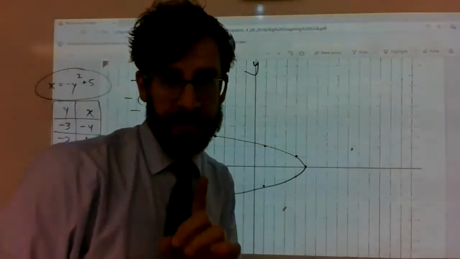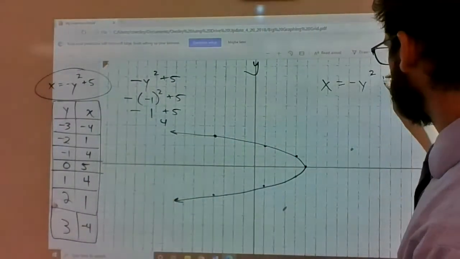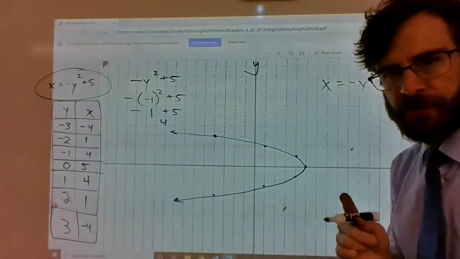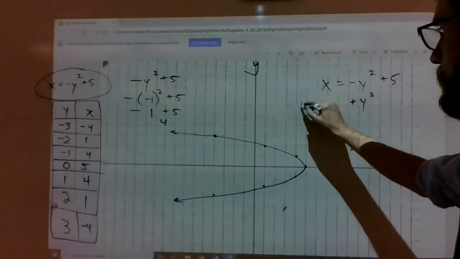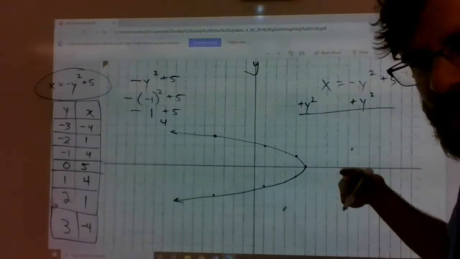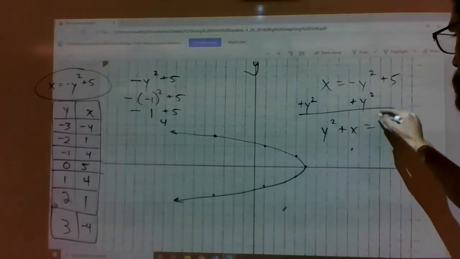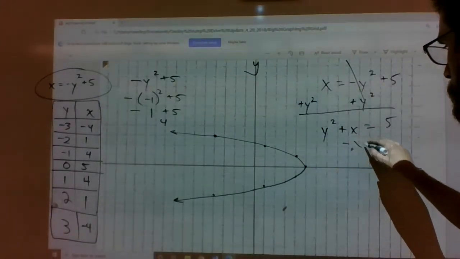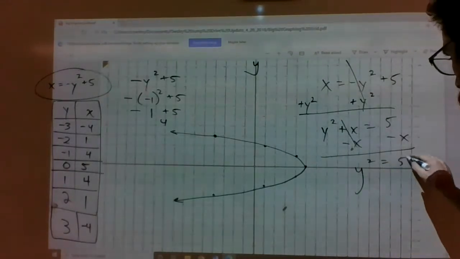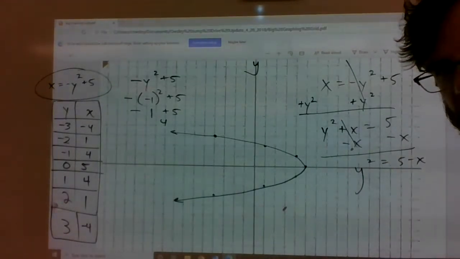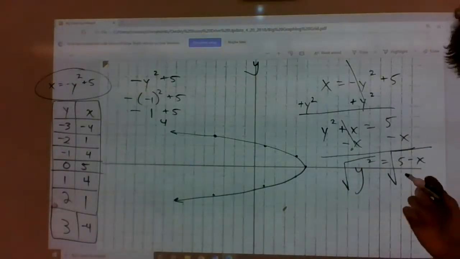And keep in mind this too. X equals negative y squared plus 5 also looks like this. If I did a little algebraic manipulation, I could get y by itself. Here's the thing though.